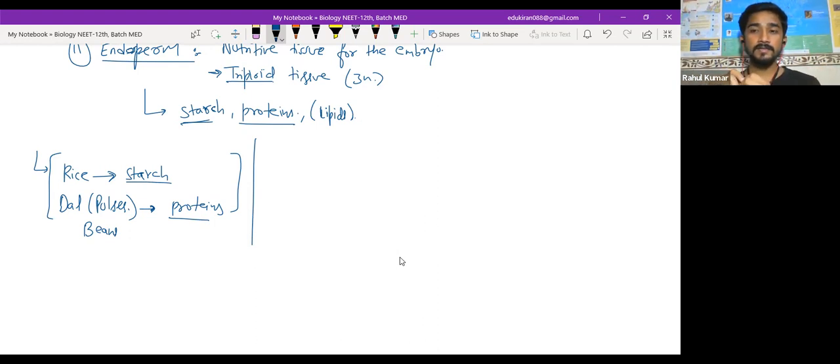In cereals come your jowar, bajra, rice. So these seeds have lots of moisture trapped inside with the aleurone layer.